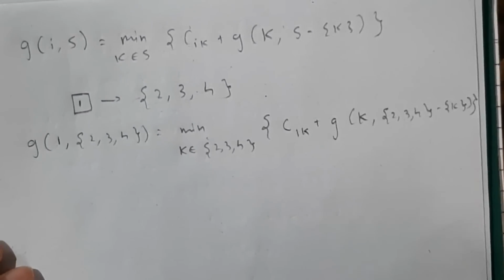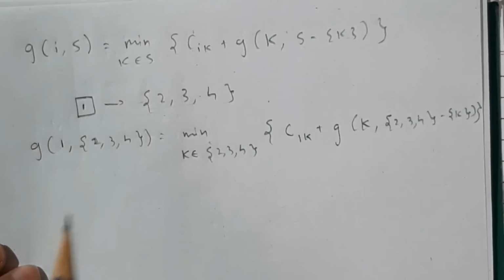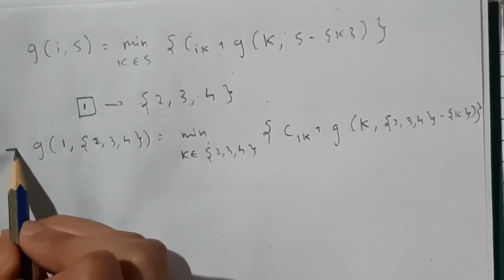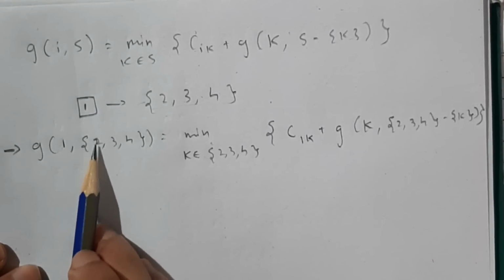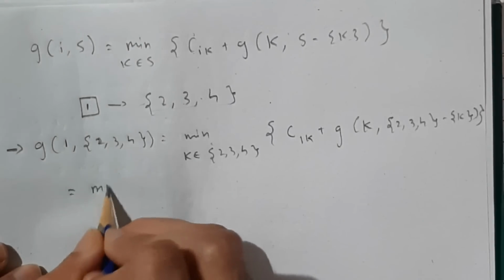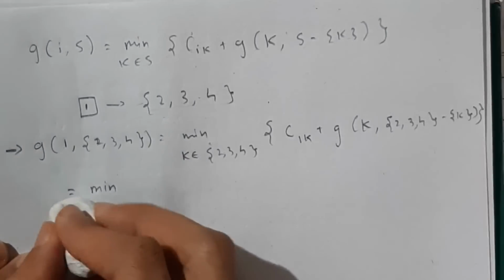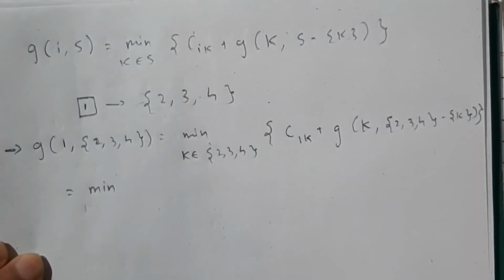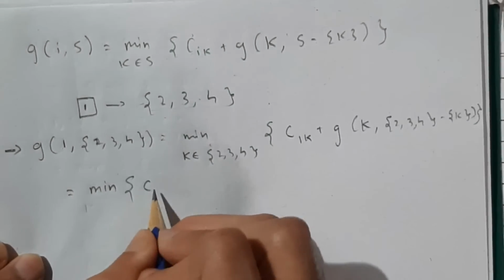Let's see how to apply this formula. For the first one, I have three possibilities for choosing k. In each problem, we have to choose k. Okay, so this is the first one. I have to choose the k value. In this, I can choose k as 2, 3, or 4. So I'll have three possibilities. I have to choose. I'll write minimum. For now, I'll be avoiding writing this k. I'll be writing directly c of 1k.